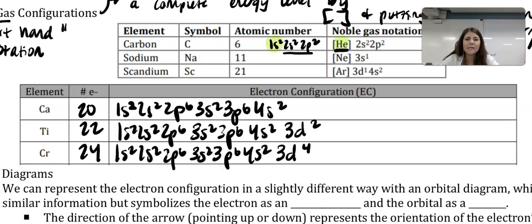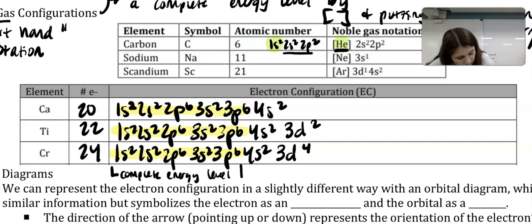All right, so looking at this, I have the complete electron configuration for all three. You will notice they are all in the same energy level. And here, I can tell this part right here is where we have a full, complete energy level. So I'm going to write underneath: complete energy level, which, by the way, find out which noble gas this corresponds to.